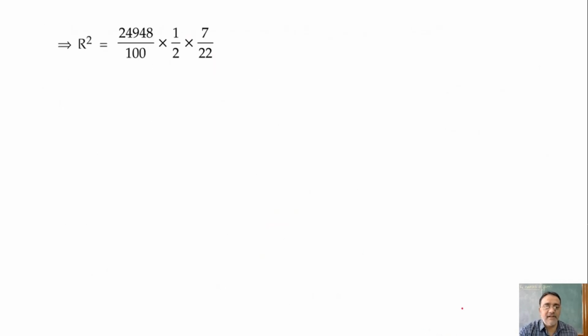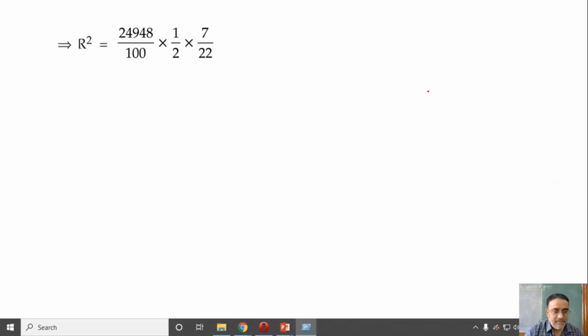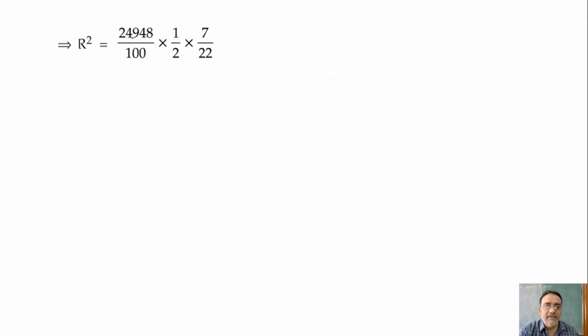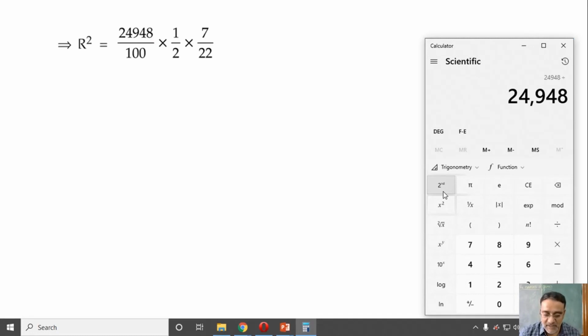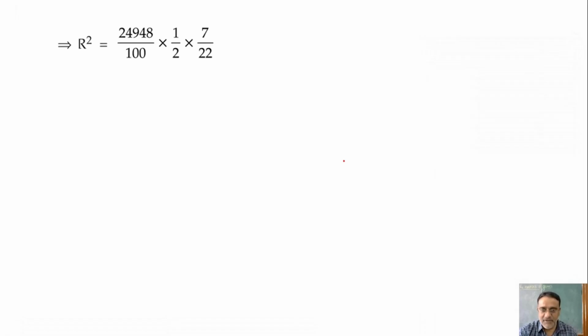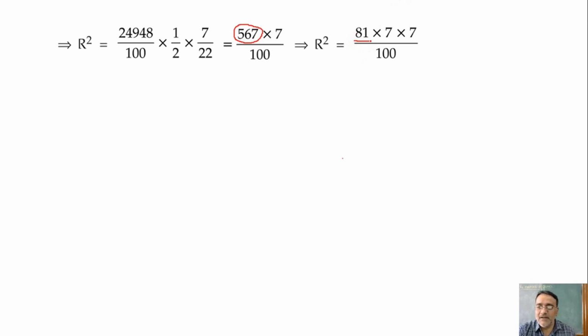I am carrying this forward here. Now we have to divide. 24,948 we are dividing by 22. Okay, 1134. Then divide by 2 also, so 567 is coming. So 567 into 7 upon 100. Again 567 we can write as 81 into 7. So 81 is the square of 9, and here already 2 sevens are there, and this is also the square of 10.